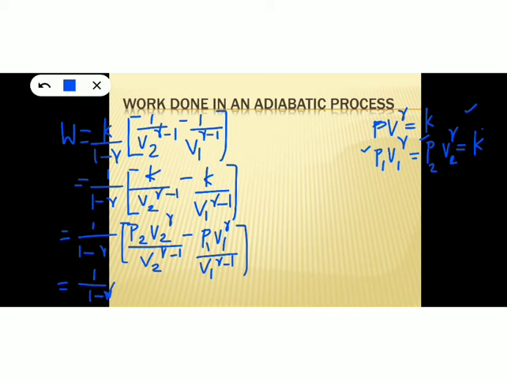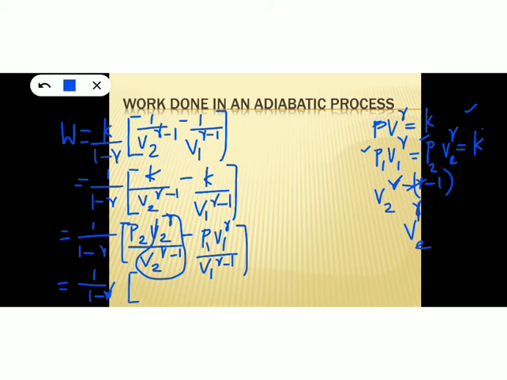1 by 1 minus gamma into, see, just consider this term. It is V2 raised to gamma by V2 raised to gamma minus 1. So just subtract their powers. So V2 raised to gamma minus gamma minus 1. What is that? V2 raised to gamma minus gamma is 0. Minus into minus is plus.